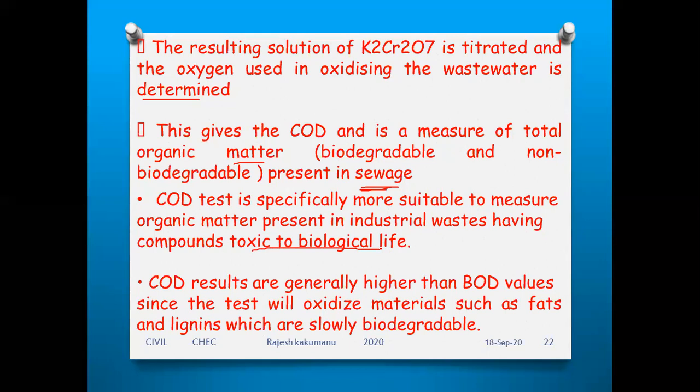The COD is mainly used to measure organic matter in industrial waste. When compared to domestic water, industrial waste releases more chemicals, so the chemical oxygen demand is generally used for testing industrial wastewater, where there are many compounds toxic to biological life, right?